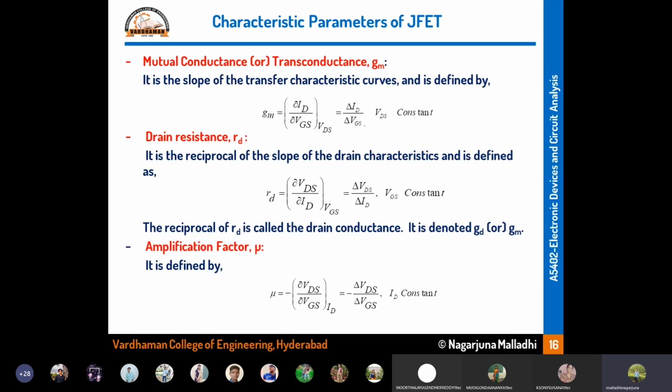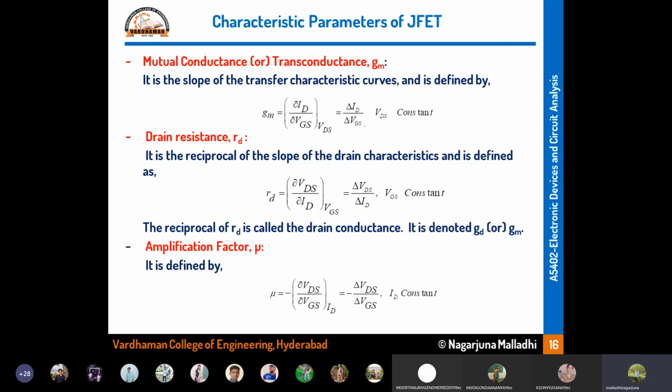And finally, the amplification factor mu. It is defined as mu equal to minus of output voltage by input voltage, so dou VDS by dou VGS. These are the three important parameters.